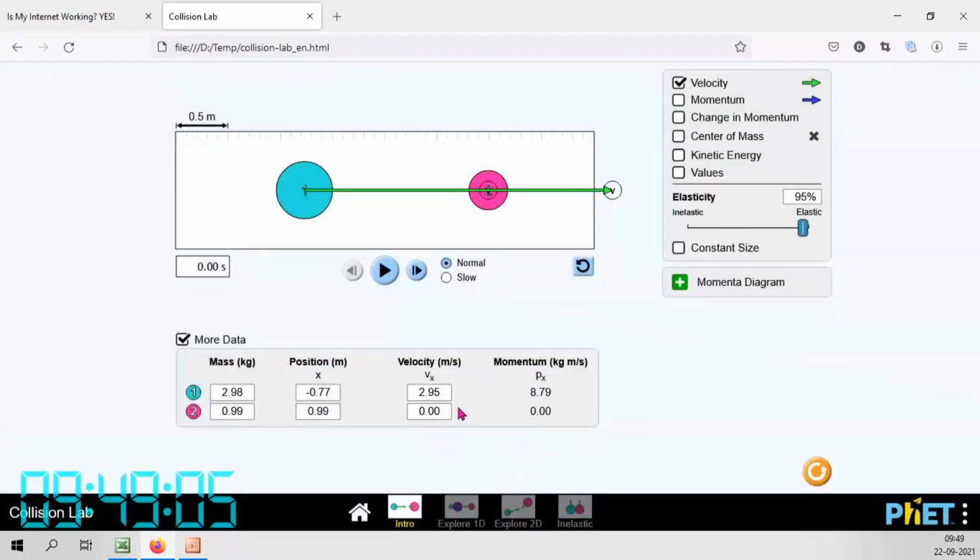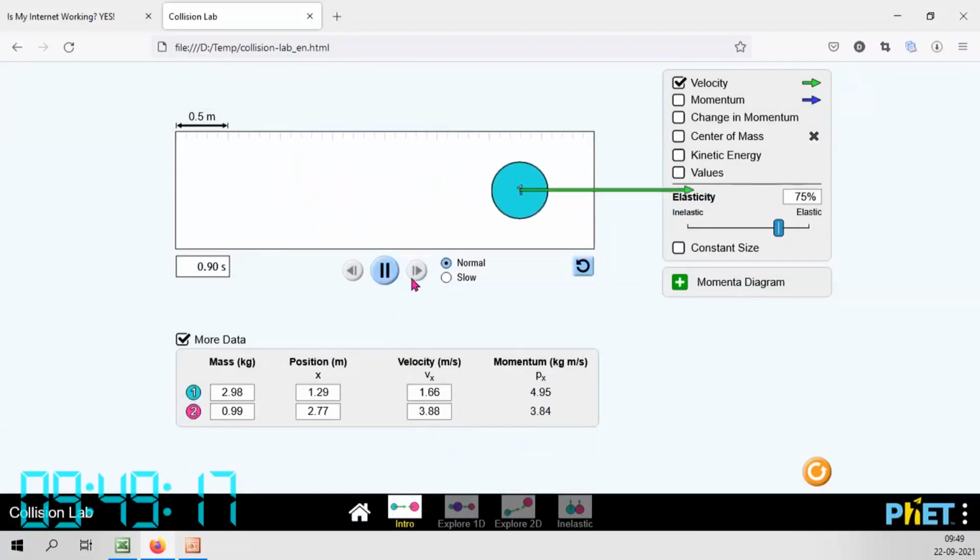Velocity of the right, initial velocity is 0. Then 0.76 is recommended. I'll choose 0.75. Just run the simulation. The solution is right velocity is 3.88. What did we get by the model?